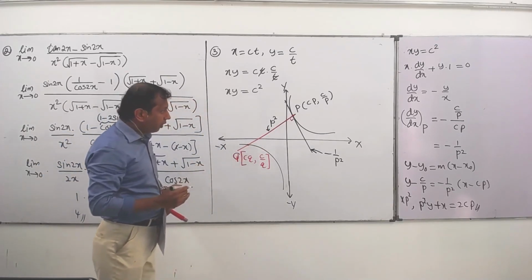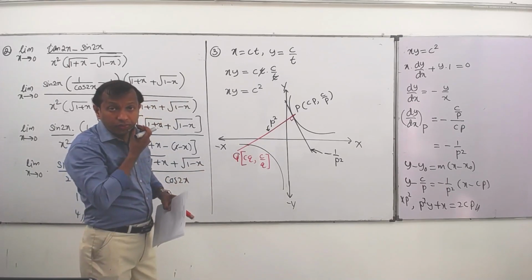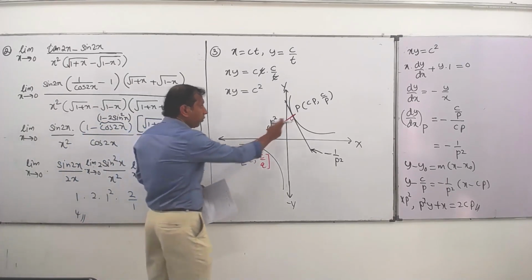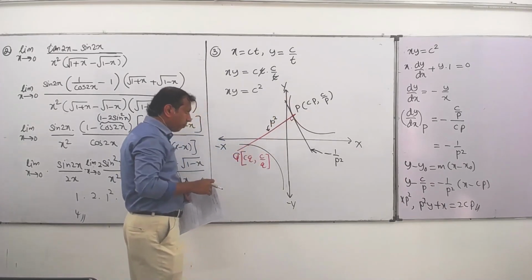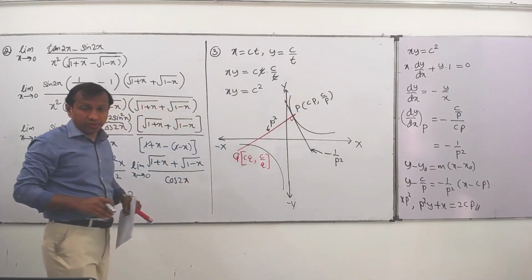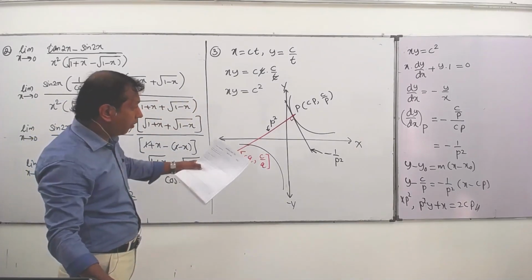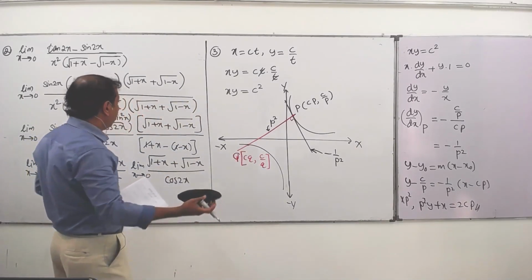Now the gradient of the red line you can find in another way. How? You can find it by using the coordinates of P and Q: difference of y coordinates divided by difference of x coordinates. The same gradient we can find. Then see what happens.